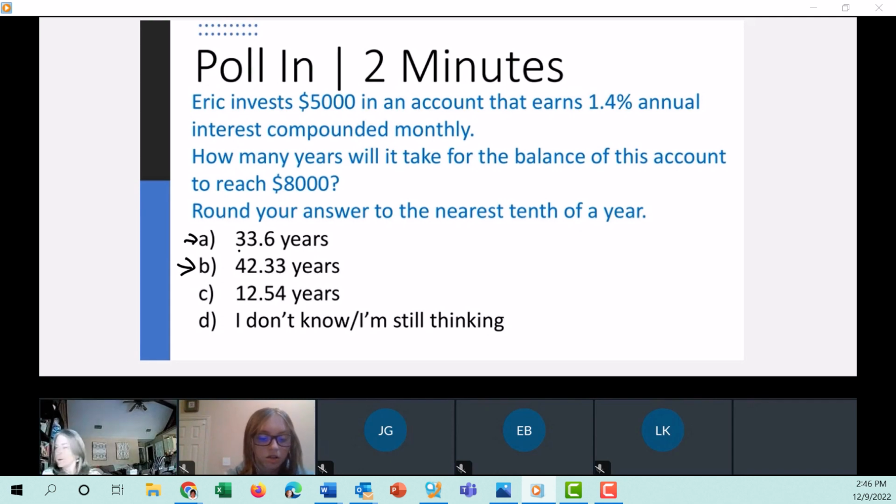All right, the formula is P, principal, times 1 plus rate over the number of times the interest is compounded in a period, that's what n is, raised to the n times t.